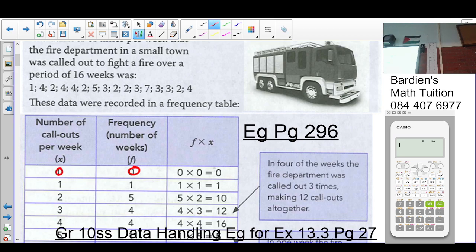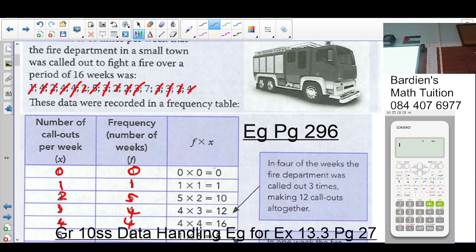But if you look at 1, it is recorded once. Hence 1, 1. How many times is 2 recorded? So you've got 1, 2, 3, 4, 5 times. Hence 5. How many times is 3 recorded? 1, 2, 3, 4. Can you see that, people? How many times is 4 recorded? 1, 2, 3, 4 times. 4 is recorded 4 times.